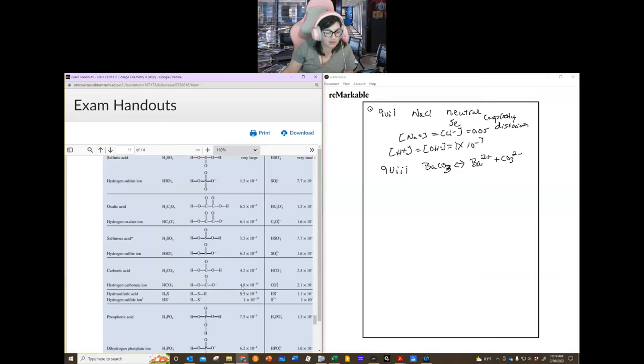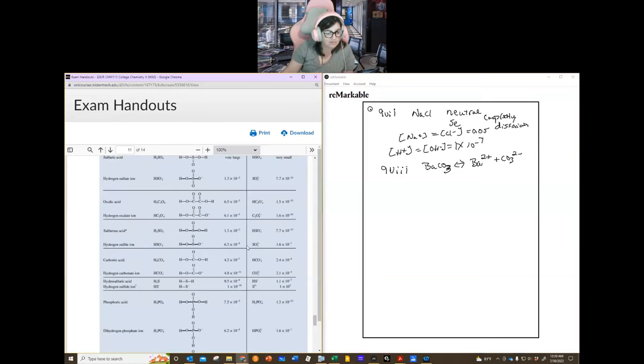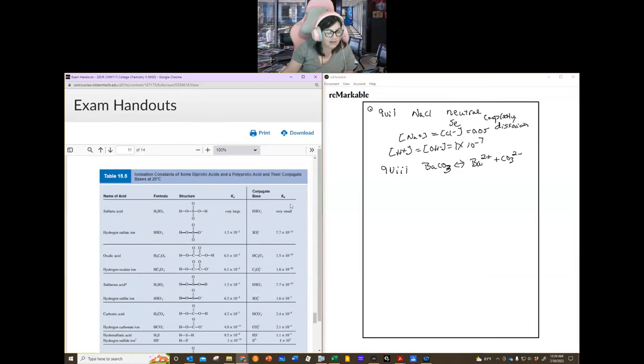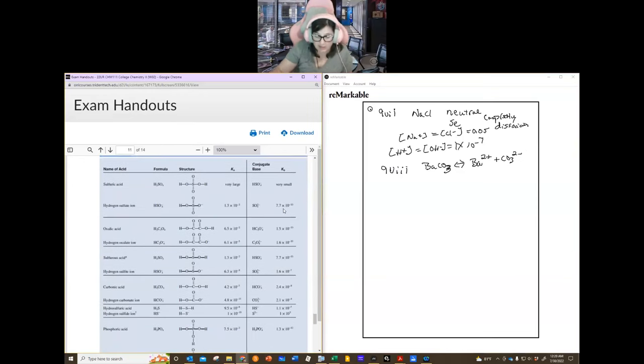The HCO3 can donate its proton to become CO3 2 minus. So CO3 2 minus then has a conjugate base Kb of 2.1 times 10 to the minus 4th.